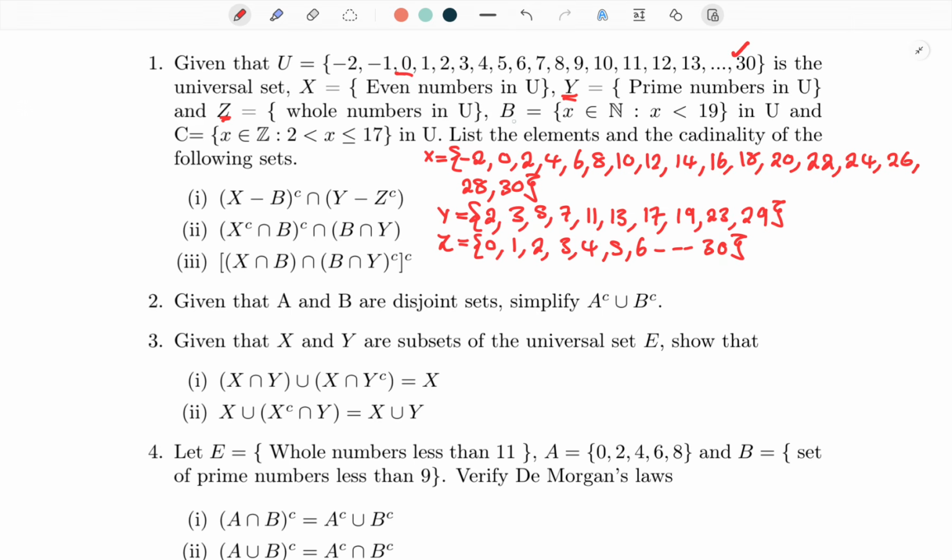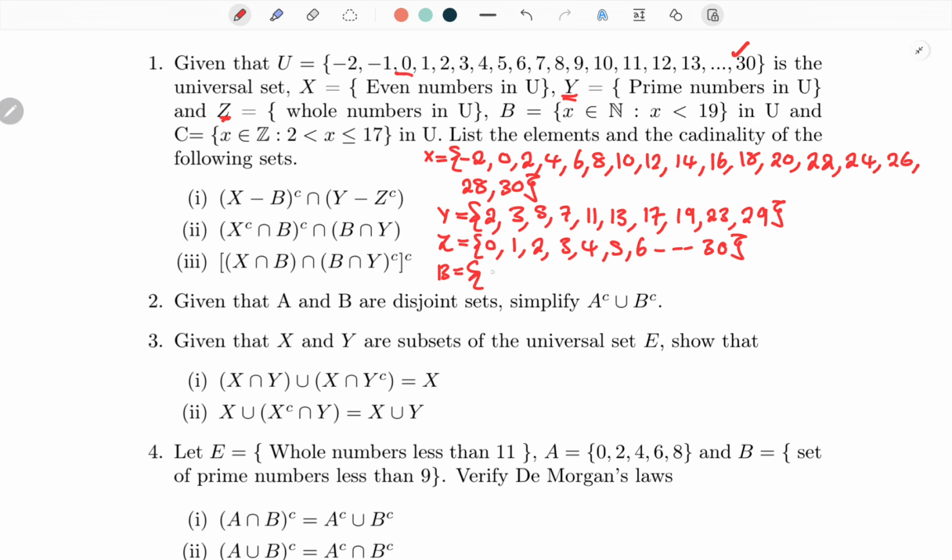And then we go to B. They are saying B is equal to x is a member of all natural numbers and x must be less than 19. So natural numbers are simply numbers which are starting from 1. So we are going to have our set B, which is going to be listed in this particular order.